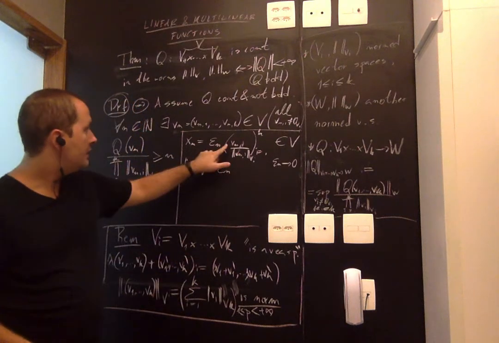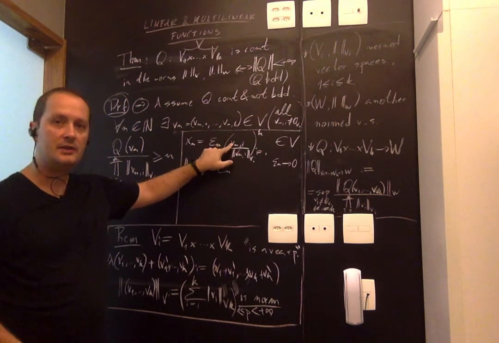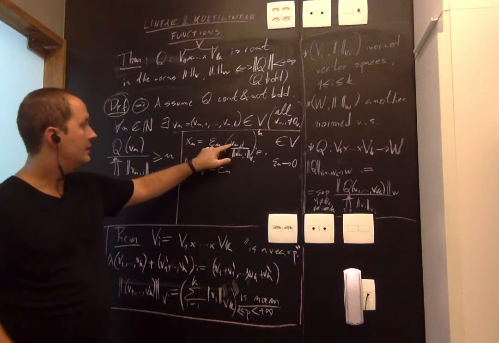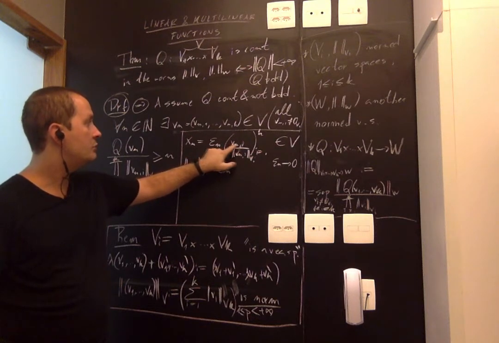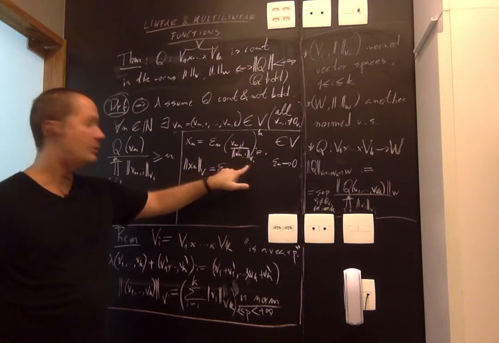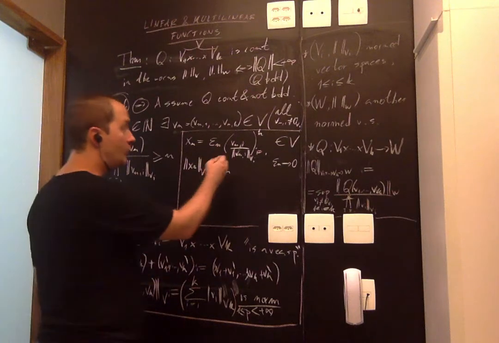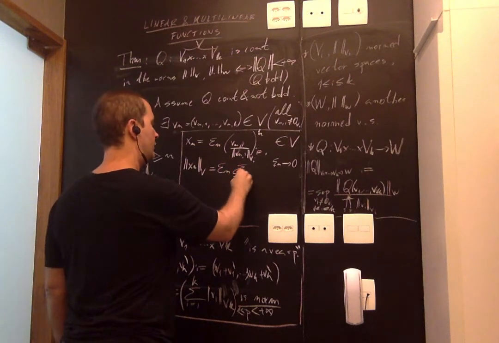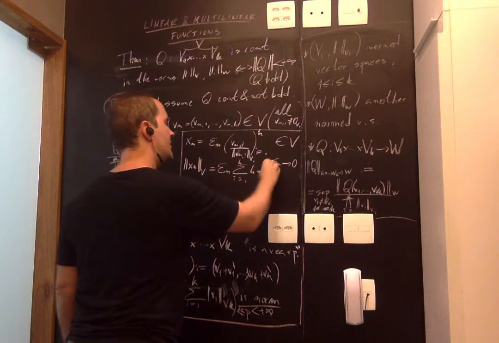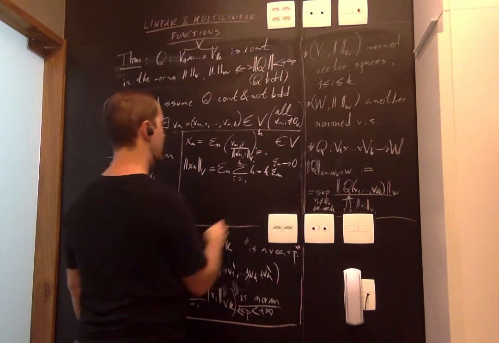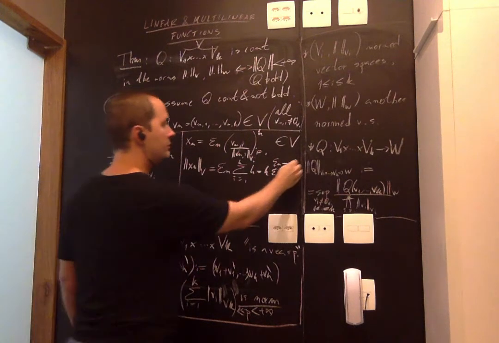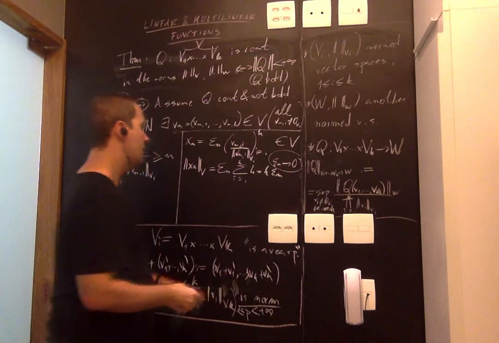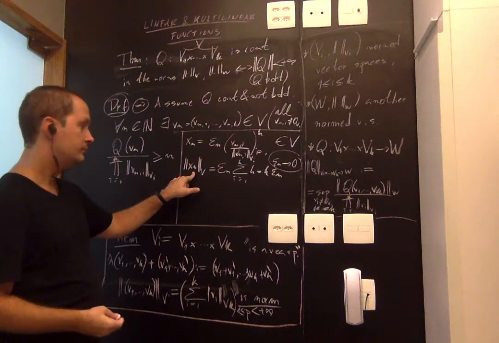And now I need to take the sum of the norms of these. But notice that I always have a term like norm of V_n^i divided by norm of V_n^i. So that's going to give me 1 for each term. So this is k times epsilon n. Therefore, if epsilon n goes to 0, which I required over here, x sub n goes to 0.